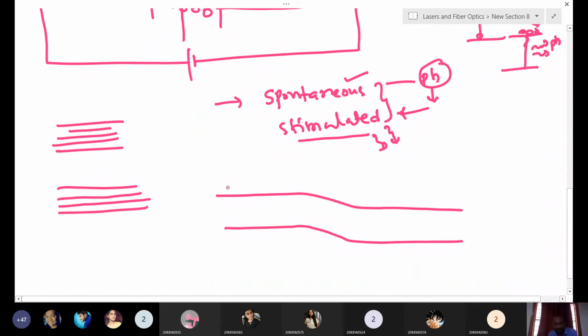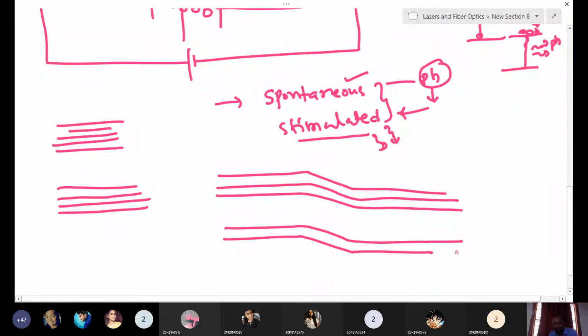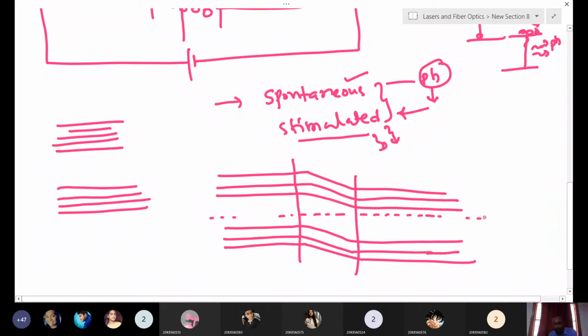Here also a number of states are available. So draw this diagram like that. This is the depletion region, and this is the Fermi level. You can write it like this.